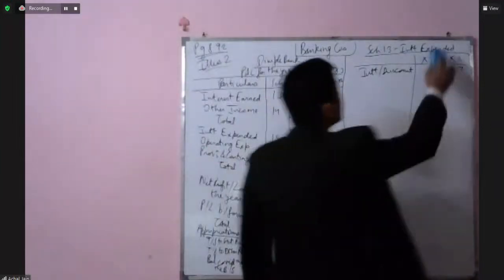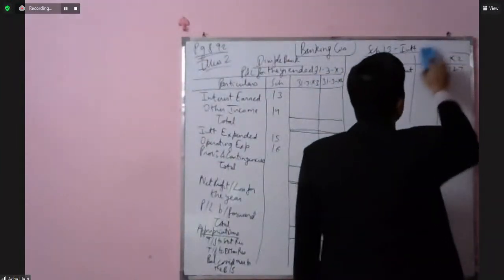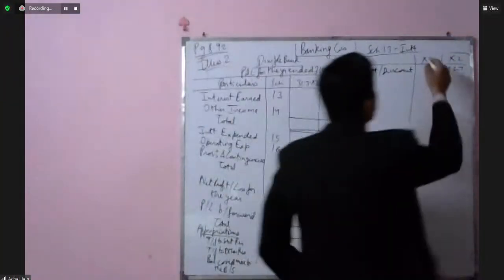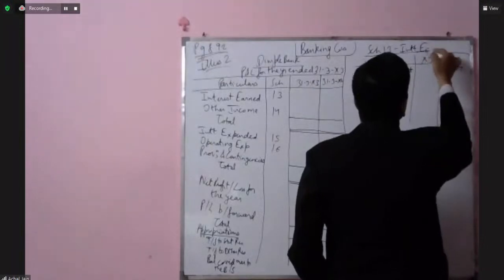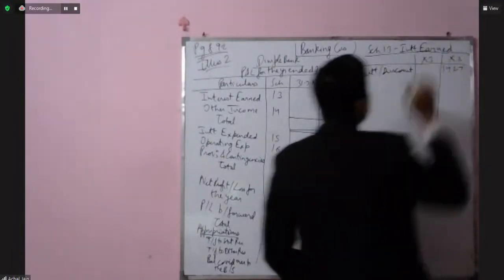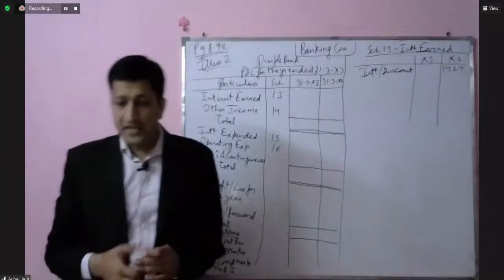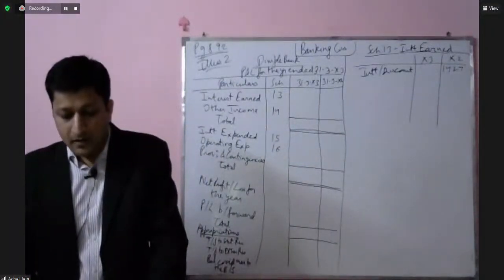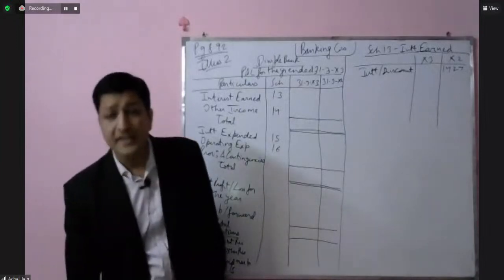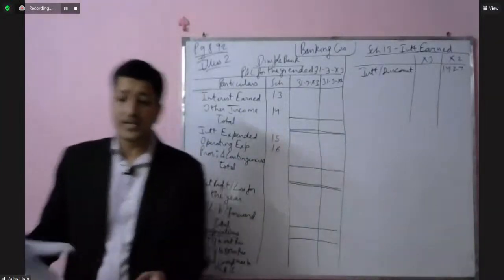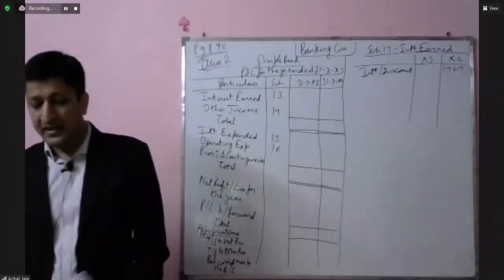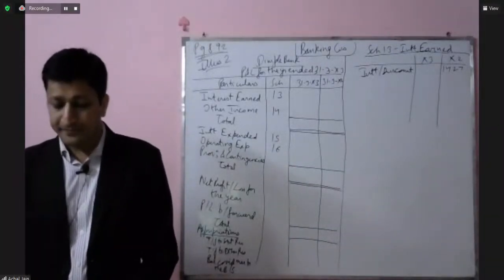So sorry, and thanks for letting me know. This is interest earned. That's correct. By mistake I have written this. This is interest earned. Thanks for this, Shaurya, Aditya. Okay, so now in terms of the adjustment related to this interest, I will come to this interest later.